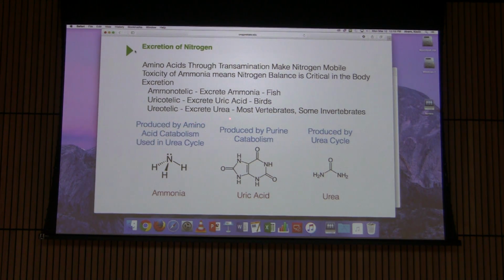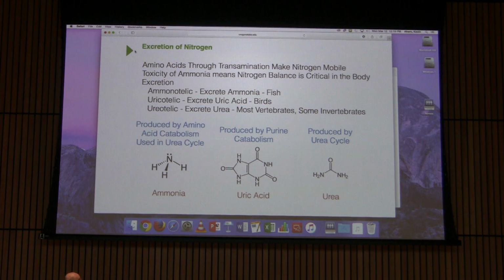The last group of organisms is the group of organisms that we are part of, and these are the ureatelic, meaning that they excrete urea as their primary means of getting rid of nitrogen. By the way, we also excrete uric acid, so it's not like we don't excrete uric acid, but it's not our primary means of getting rid of ammonia. Most vertebrates are ureatelic, and some invertebrates as well.